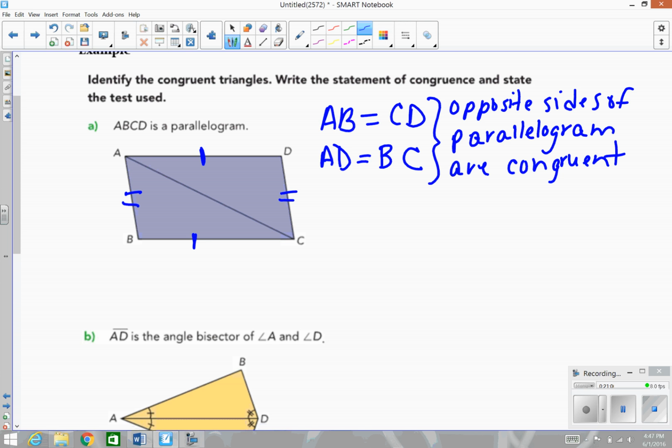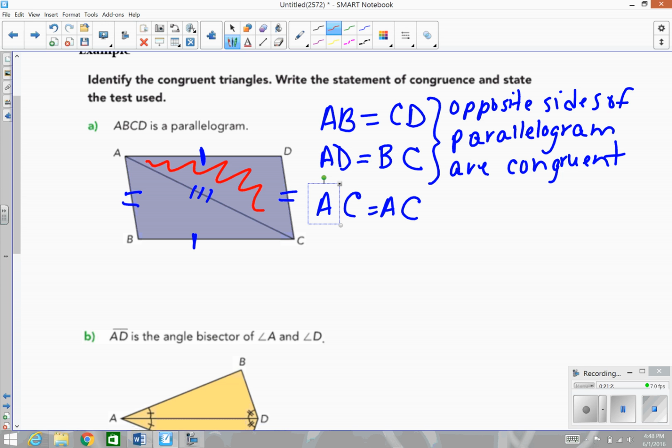And I hope that you know that by now. If I gave you a rectangle, you would be able to tell me that the opposite sides of a rectangle have the same measure. The other thing we can say, and this is a little funky, is that AC equals AC because it technically belongs to two different triangles.